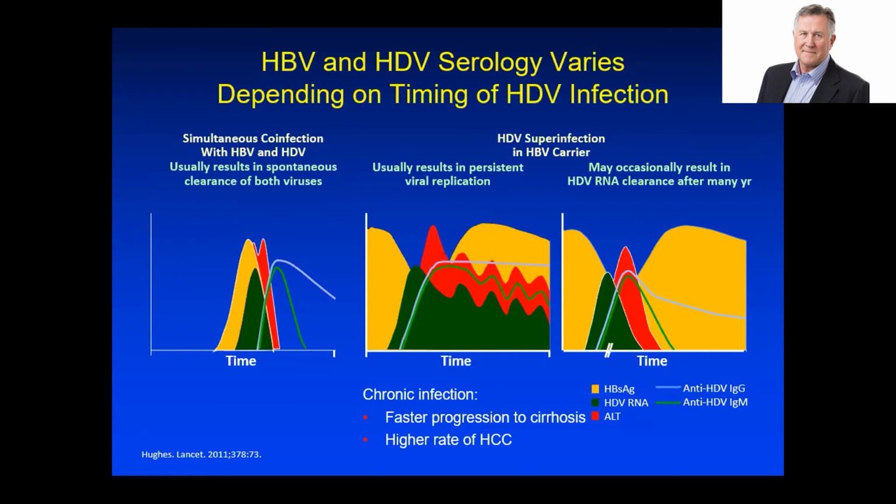But if you survive it, which most patients do, then you'll get spontaneous clearance of both viruses. The common situation is that you're already surface antigen positive and you get Delta on top of it, and it usually results in persistent Delta viral replication. What happens is you get faster progression to cirrhosis and a higher rate of HCC. So it causes more severe chronic and acute liver disease. Next slide, please.